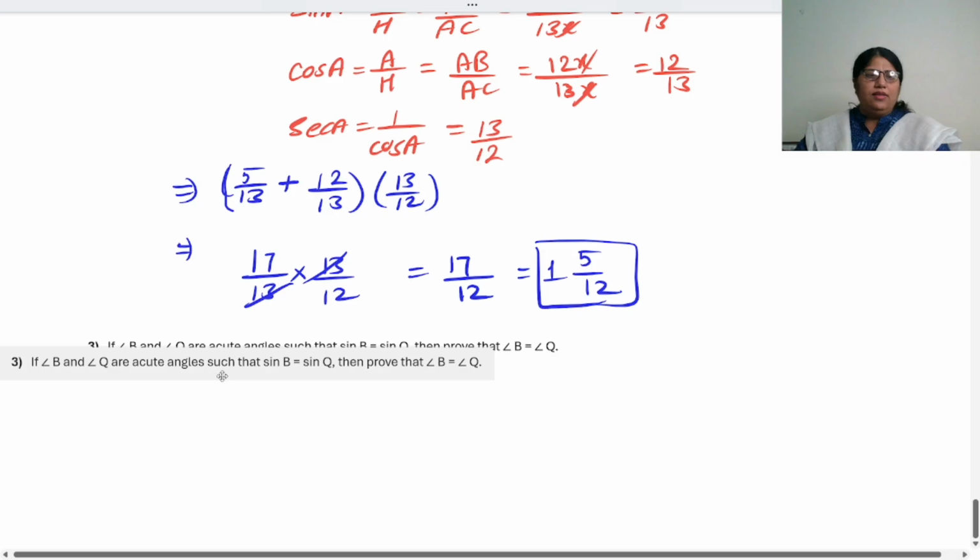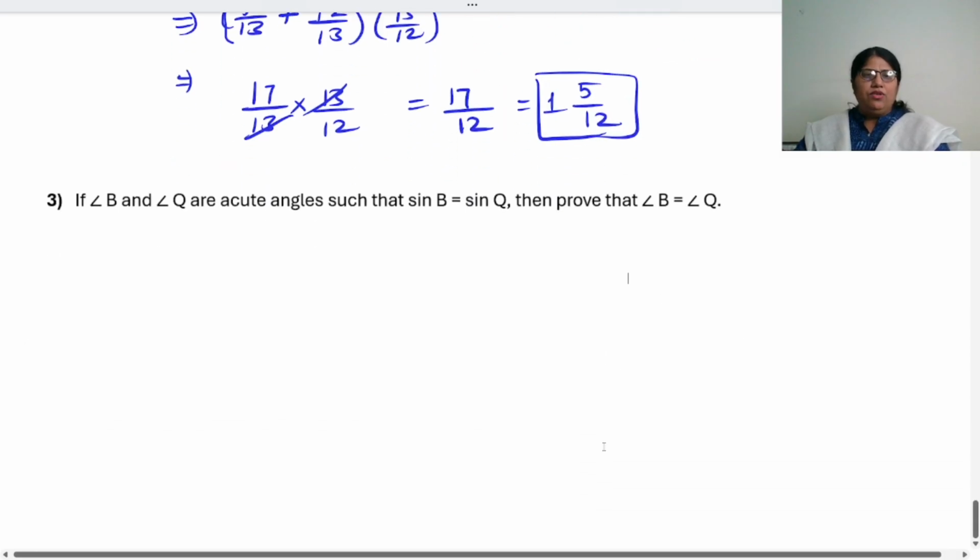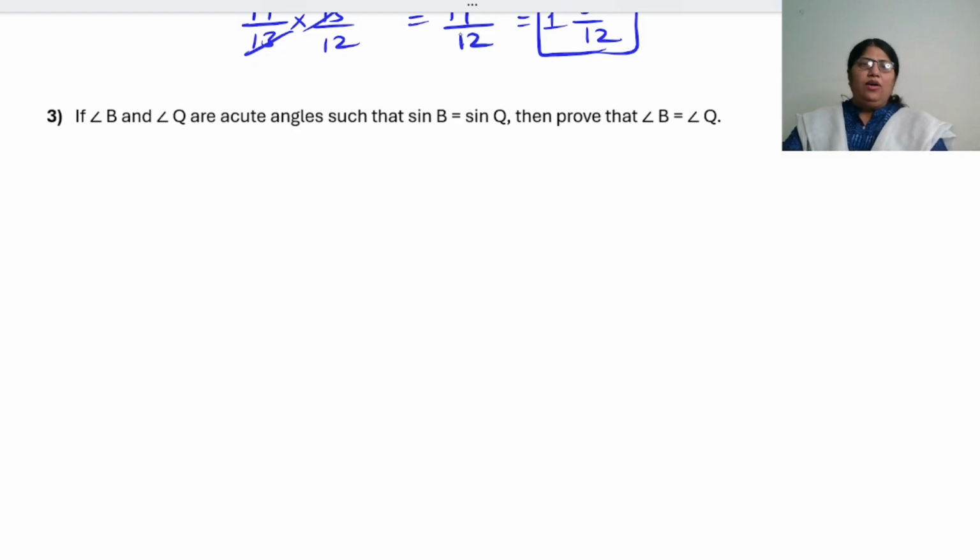Let us see here. This is question number 3. First, you have to draw the figure. And for any question where the figure is not given, you will have half a mark or 1 mark to draw the figure. So what is given here first? Let us start. It's given angle B and Q are acute angles.